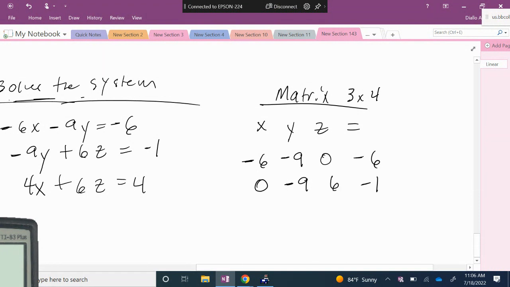We have a 6 for z, and it's set equal to -1. And then for our last equation, we have 4x. We don't have a y variable, so we must put in a filler 0 for the y term. We have a 6z, and that's set equal to 4. So this is our matrix.